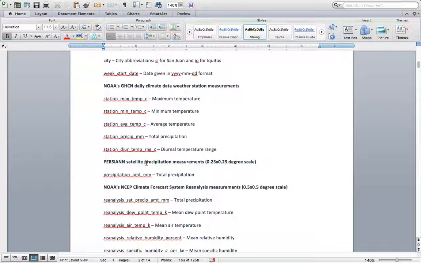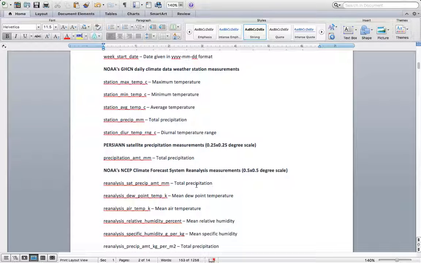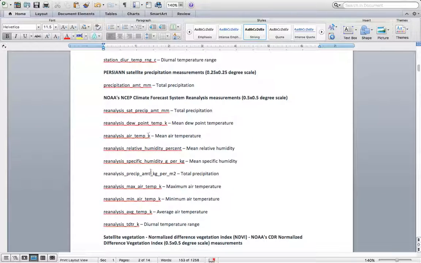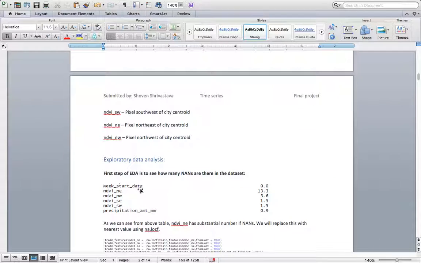And then we have data for the forecast system reanalysis measurements. We have a number of variables for that, like reanalysis of the satellite precipitation amount in millimeters, and so on.